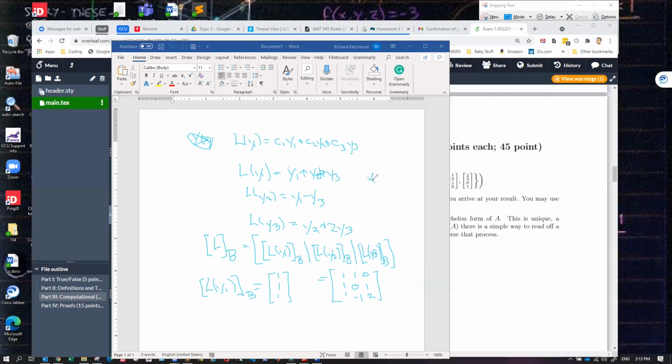So if I take an arbitrary X, which is in R3, but I've got it represented with respect to this basis Y1, Y2, Y3, I take that representation with respect to B, and this is just a column vector with 3 entries, like C1, C2, C3 here. So forget this thing. Let's just say this is X.